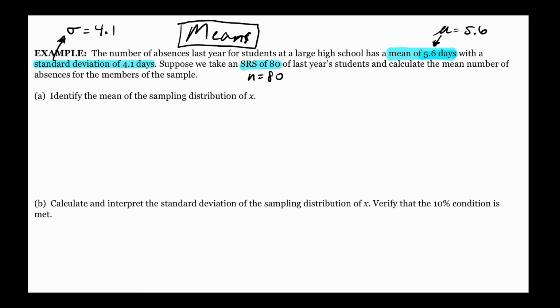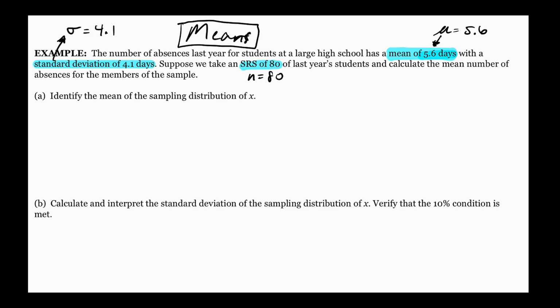First question doesn't ask us for probabilities. It just says identify the mean of the sampling distribution. So what this is saying is if I took an infinite number of samples of 80, so I have every name of the student who went to this school last year in a big hat, and I took 80, found the average days they missed, put them back in the hat.